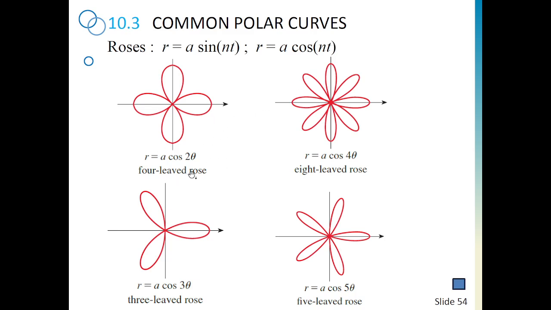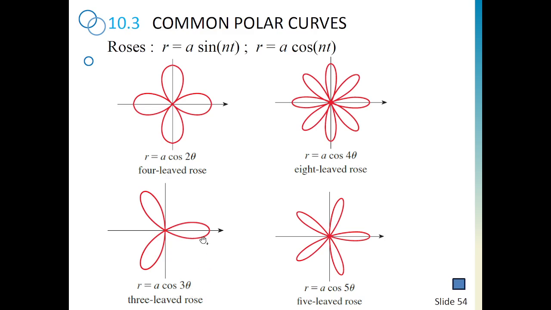And again, a summary of these roses with 4 leaves, so cosine 2 theta. At 0, cosine is 1, so we are here, and then it starts from here. 2 theta, we have 4 leaves. 4 theta, we have 8 leaves, double.